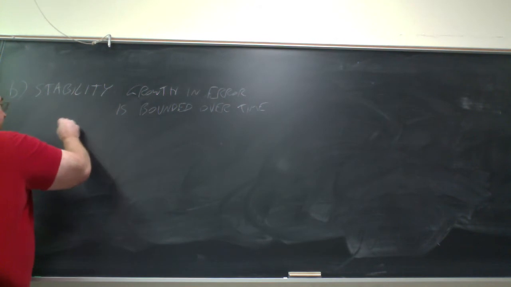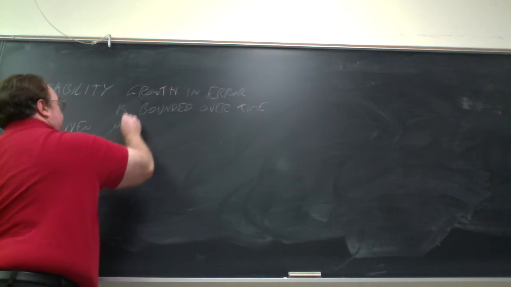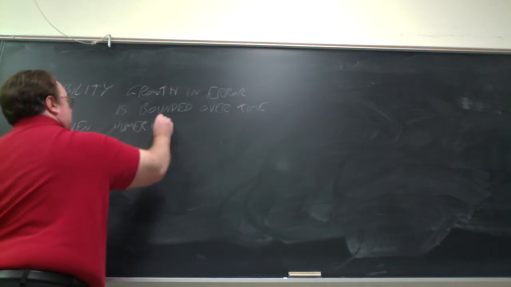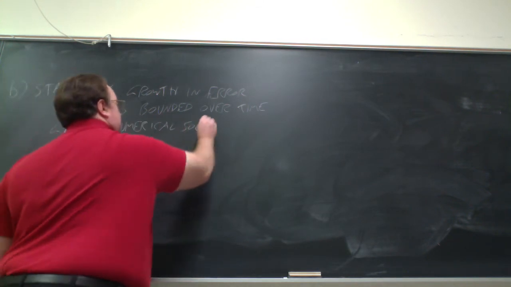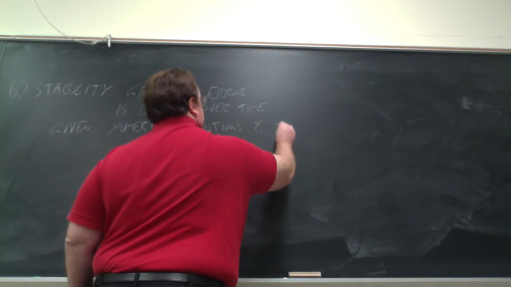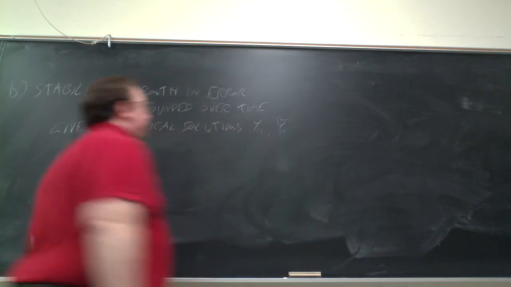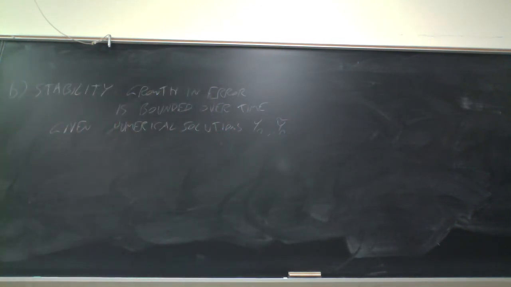In other words, more precisely, given numerical solutions y_n and y_n tilde. So for instance, maybe they were produced by the same method, but maybe they come from different initial data.